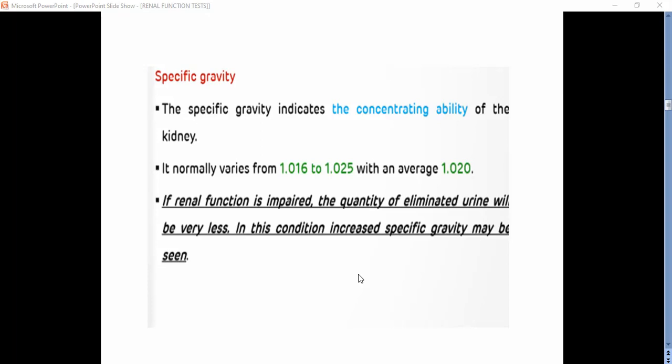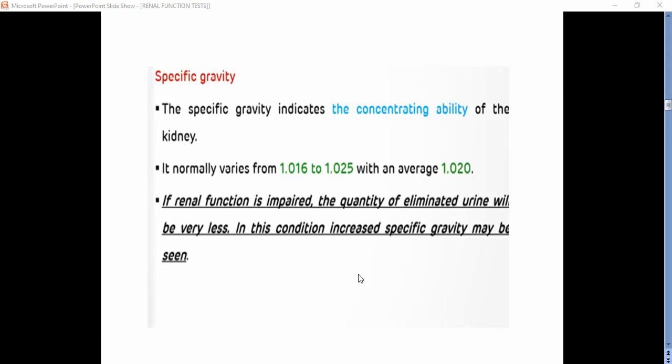Specific gravity depends upon the amount of solute relative to the liquid of the medium. If there is more urine, the solutes are diluted and cannot produce an increased specific gravity.